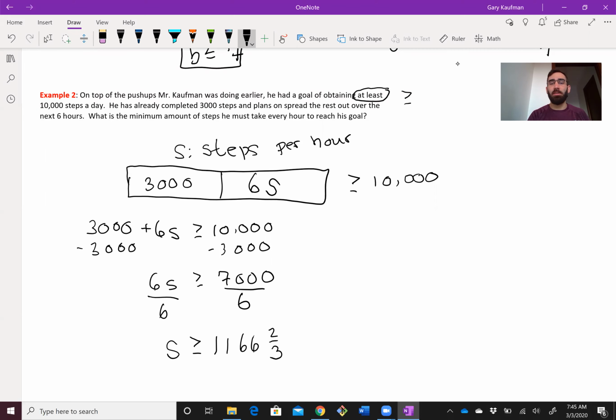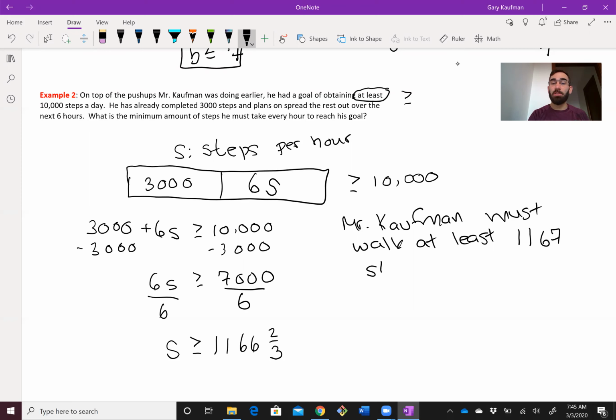So when I write my sentence, I would say, Mr. Kaufman must walk at least, well, if I need to be greater than this number, 1,167 steps an hour to reach his goal. So rounding with inequality problems is different.